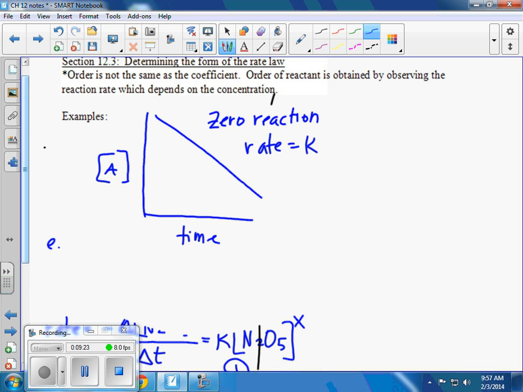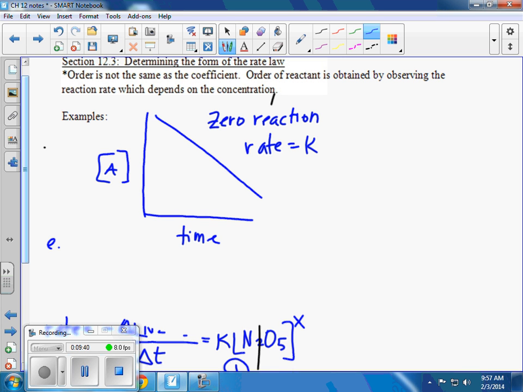Well, if I were to take your rate law that I just did and put a 0 in there, anything raised to the 0 power is always what? 1. So is this decreasing by a constant rate? Okay, the concentration's decreasing over time at a constant rate.